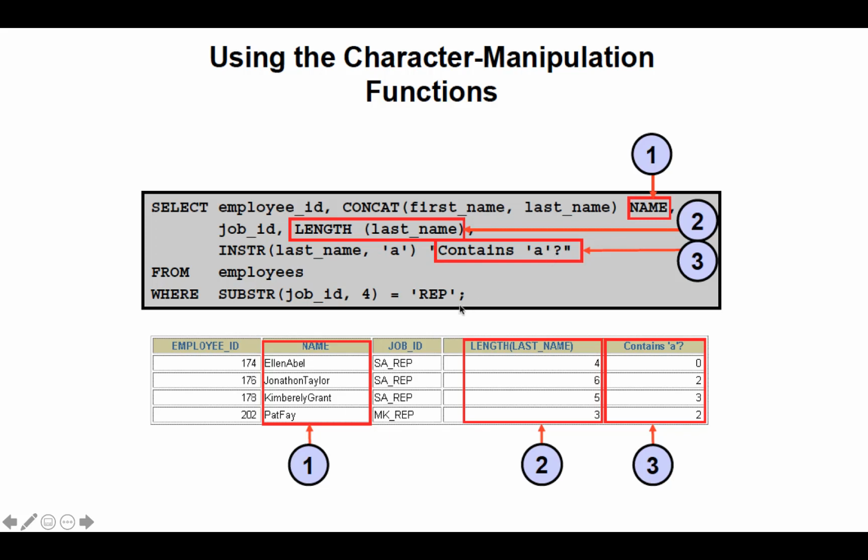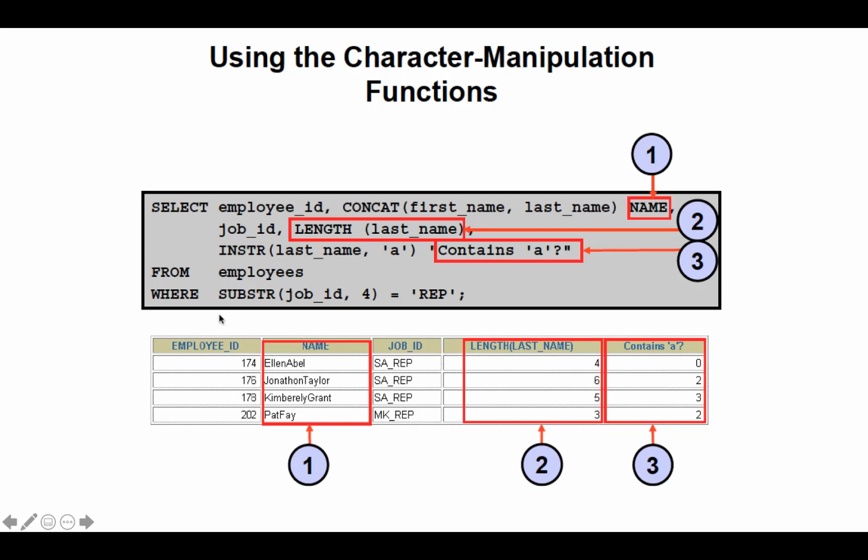And the results are from employees where substring of job ID from 4 is equal to rep. As you can see, we didn't specify the length of the substring, so from 4 till the end of the string, it's rep, and it only showed me the rows ending with rep.